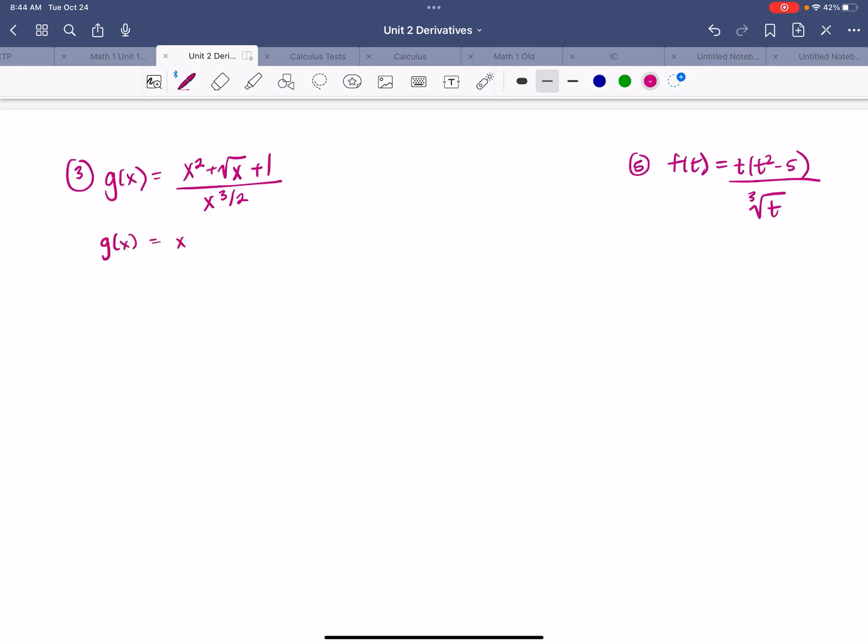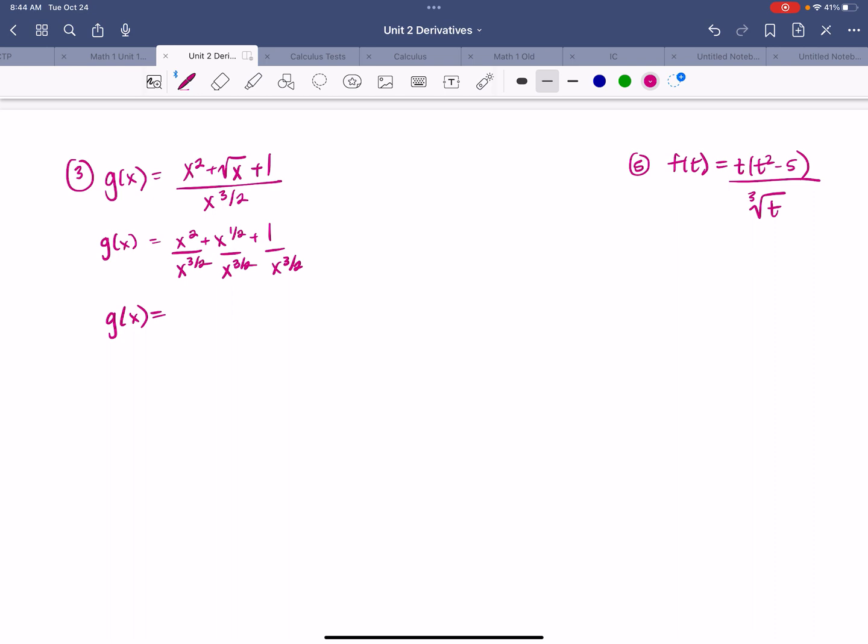The first step in my simplification is going to be to change this square root into the power of 1/2. And then I notice that I am dividing by this 3/2, so each term is going to be divided by 3/2. Now, when we divide powers with the same base, we subtract their exponents.